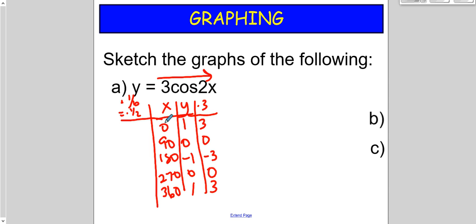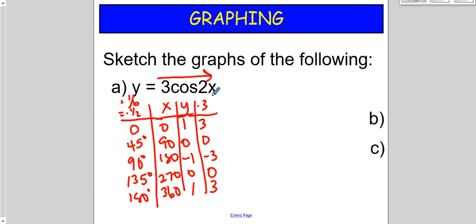Remember, anything that happens to the x is always kind of opposite of what you would expect. So it's not a multiplication of 2, it's a multiplication of 1/2. All right, 0 times 1/2 is still 0. 90 times 1/2 is 45. 180 times 1/2 is 90. 270 times 1/2 is 135. And 360 times 1/2 is 180.